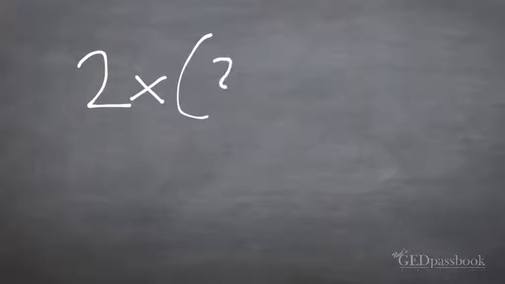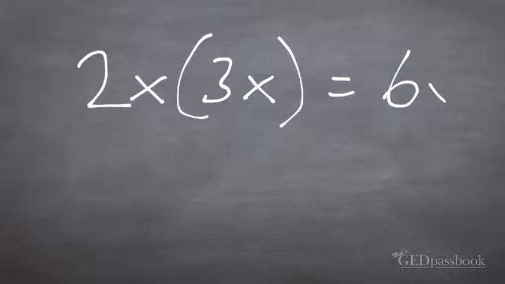So this is what we're going to do. We're going to look at an example of multiplying. Let's start with the simple one. 2x times 3x. What does that equal? If you had to guess, what was it? 6x. Beautiful guess. 2 times 3, because we're multiplying now, what does it equal? 6.